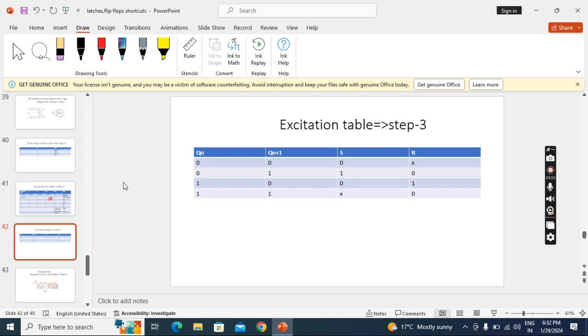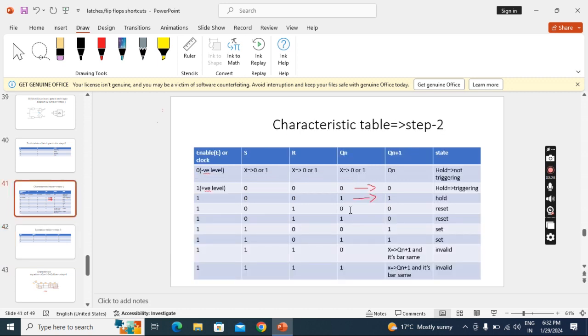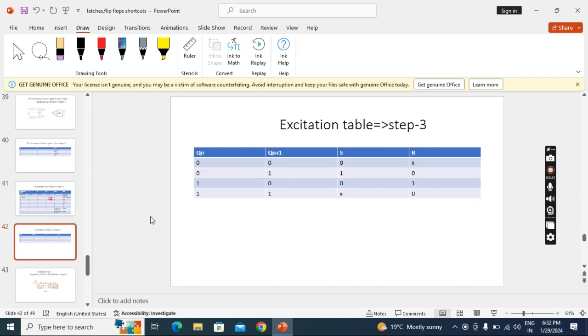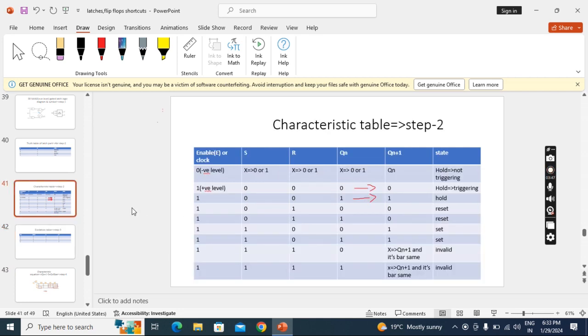Now we will see for 0 1. But 0 1 is there at one place only, while 0 0 is there at two places. That's why we compared. So for 0 1 we can simply write S1 R0. Next we'll see 1 0. Qn equal to 1 and Qn plus 1 equal to 0.